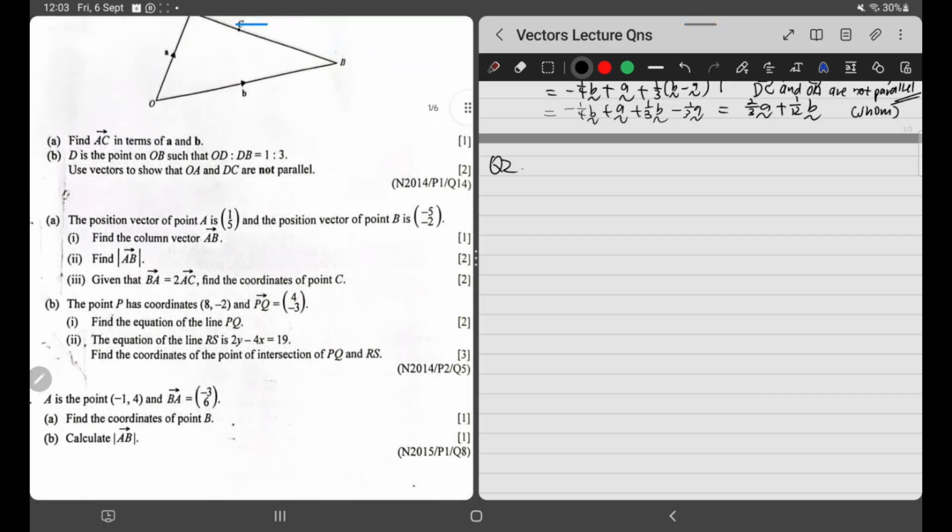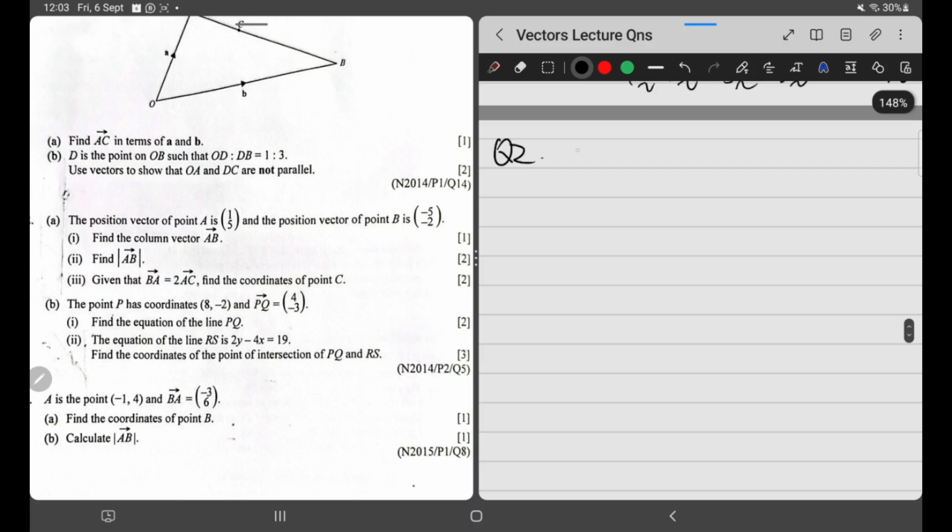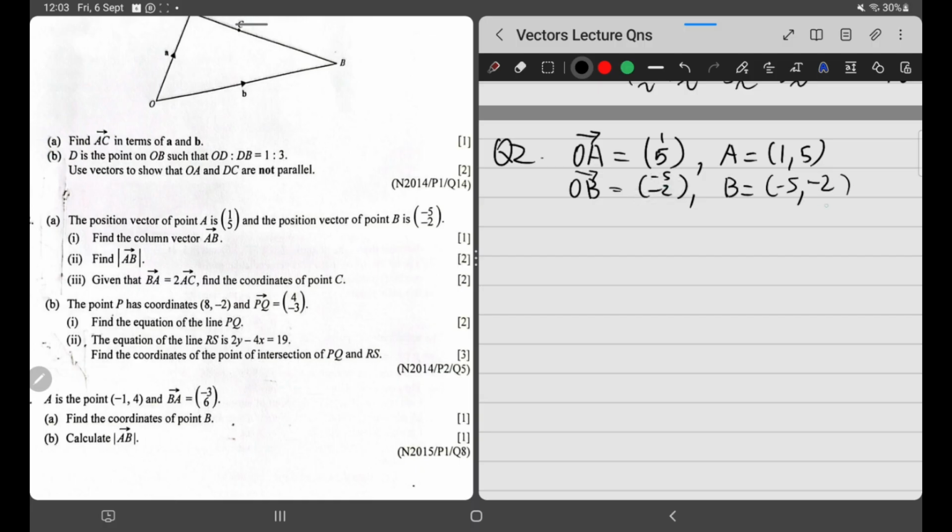Position vector of point A is (1, 5). So immediately what I will write is I will say that OA is (1, 5). And I also can tell that the coordinates of A is (1, 5). Likewise for B, position vector of B is (-5, -2). That means B is (-5, -2).